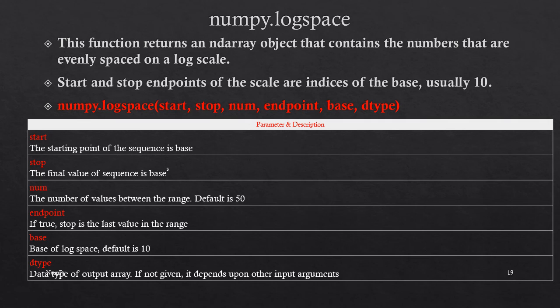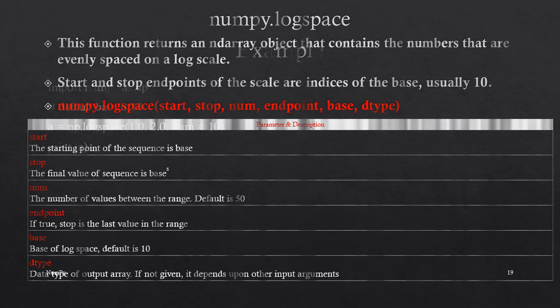See the parameters: start, starting point of the sequence as a base, stop, the final value of the sequence again as a base, num, the number of values between the range, endpoint, if true, the stop is the last value in the range, base, by default it is base 10. Dtype, data type of the output array. Here also if not specified, it depends on the input argument.